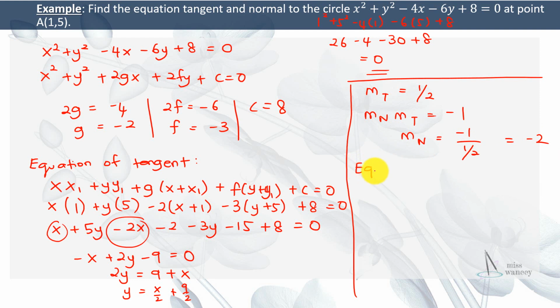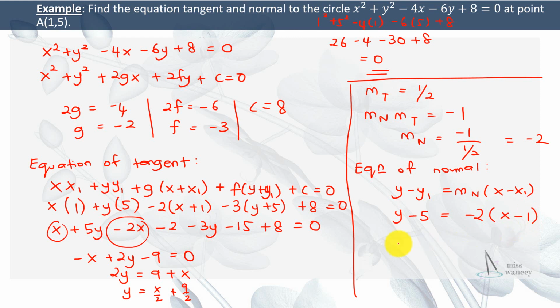So for the equation of normal, we use the formula y minus y1 equal to m normal times (x minus x1). So y minus 5 equal to the gradient of the normal, negative 2, times (x minus 1).